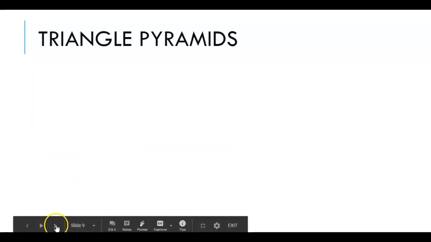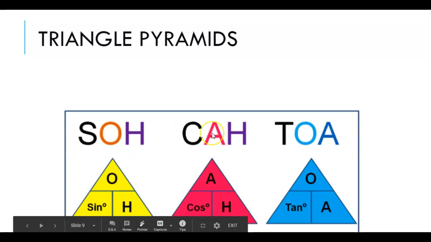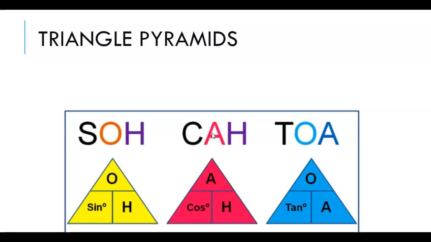Okay, another thing that I need you to be aware of is that when we use primary trigonometric ratios in right triangles, we're always going to deal with 3 pieces of information. 2 of them will be given to us, and we're going to solve for the third one.